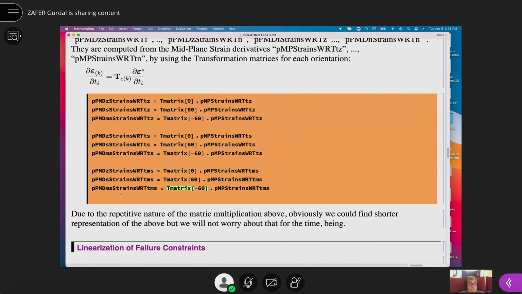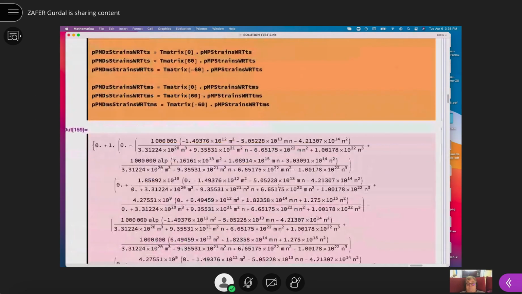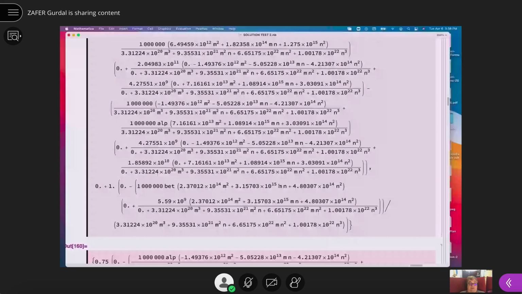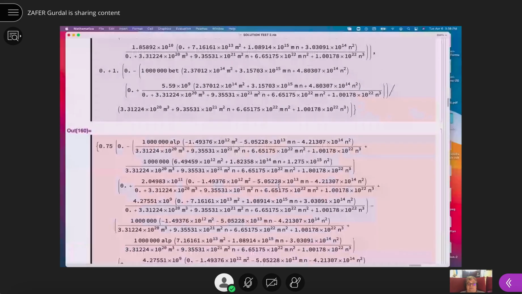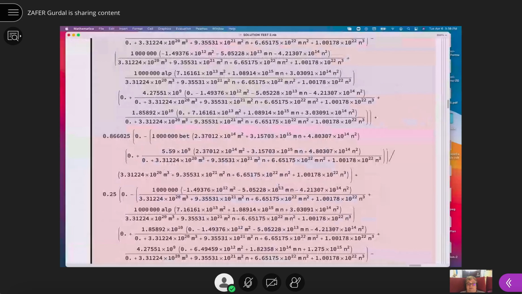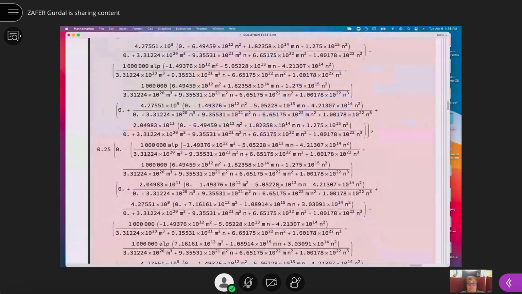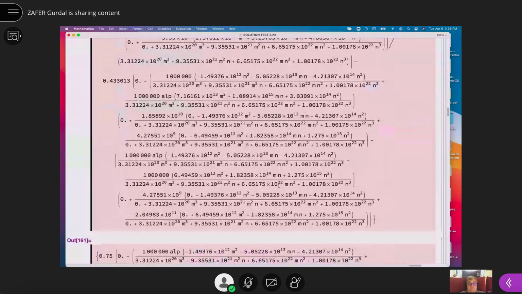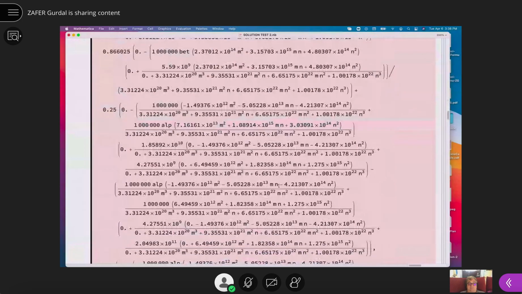And the last three are derivatives of 0, 60, minus 60 with respect to minus 60. Okay. So I have expressions here that look normal, no strange characters, undefined words, or anything like that.